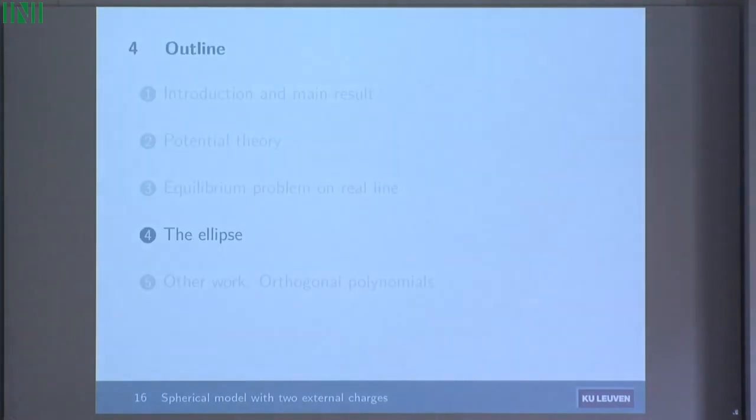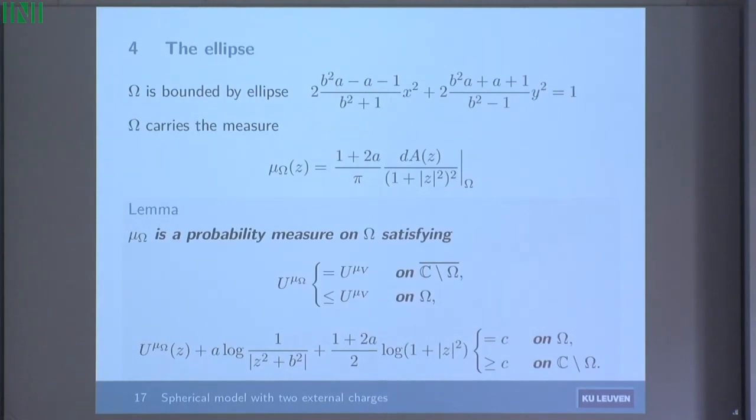Okay. Anyway, so what does it now mean for the ellipse? Now we have this ellipse again, and it will carry a natural measure that will come from the droplet. You take the Lebesgue measure on the sphere restricted to this droplet and project it onto the complex plane, onto omega, which leads to an area measure.